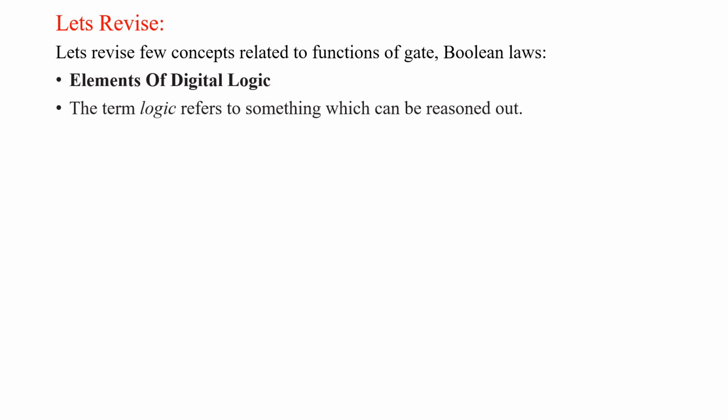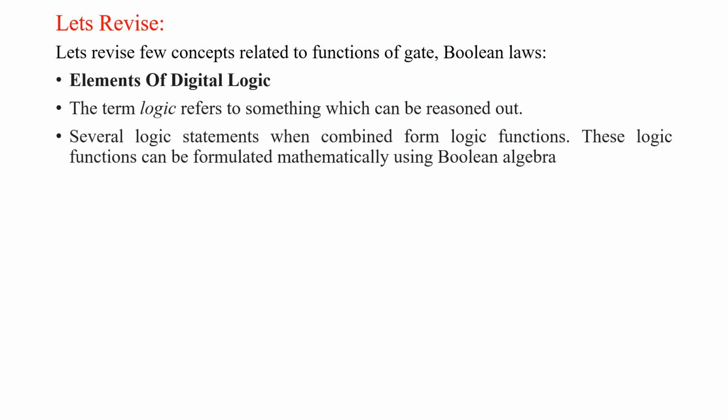That means whatever example or input is given to you, and what the output is, if there is a correlation between input and output, and we can express how the output is derived, we can refer to it as logic. In terms of digital logic, we refer to it as Boolean logic.